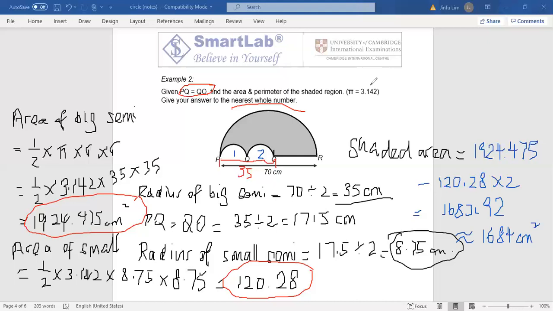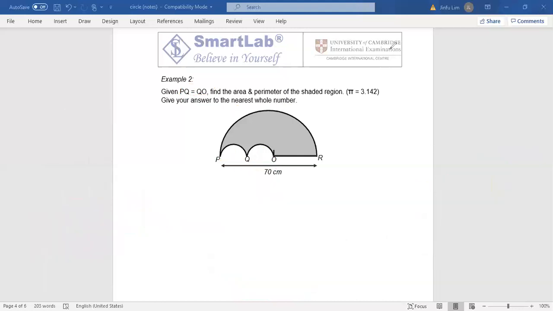Okay, now we'll move on to find the perimeter. So to find the perimeter, just now the diameter for the big semicircle is 35, and the diameter for the small semicircle is 8.75.